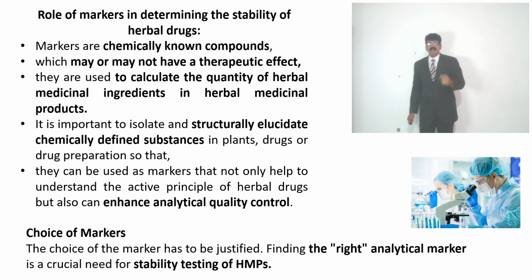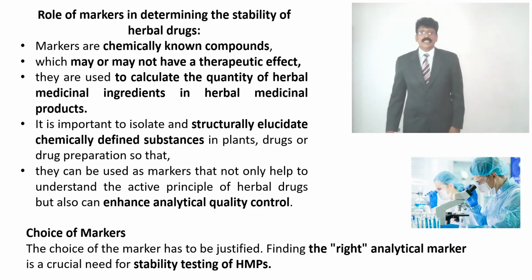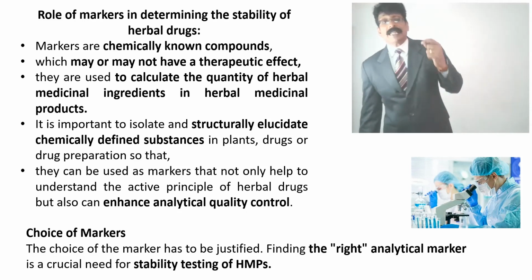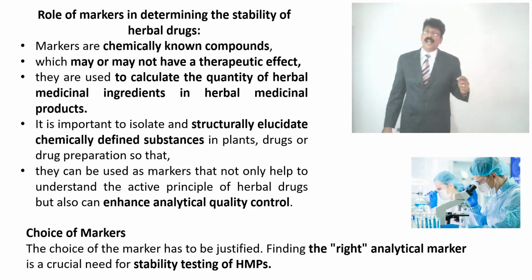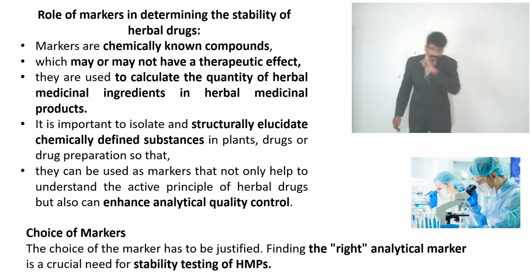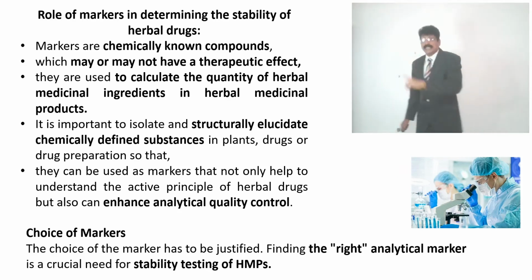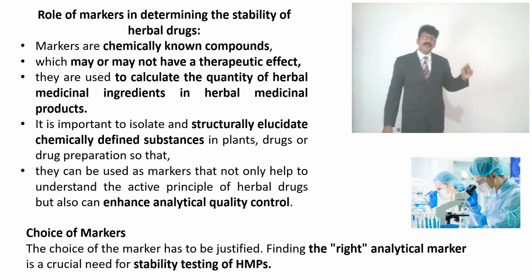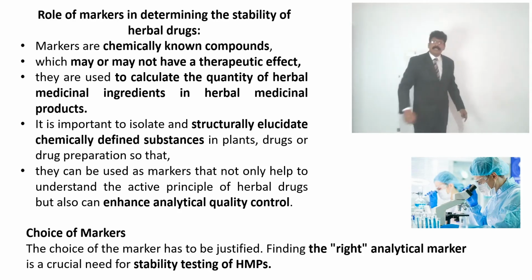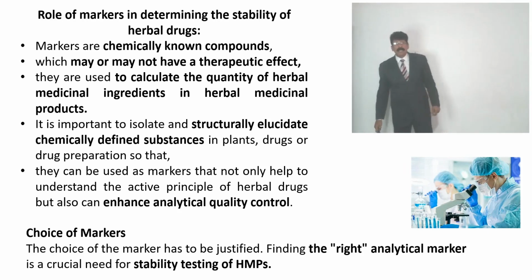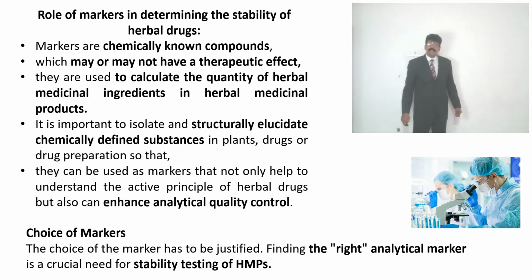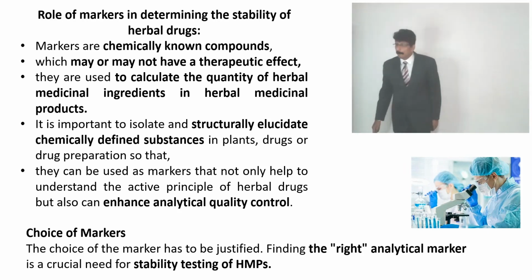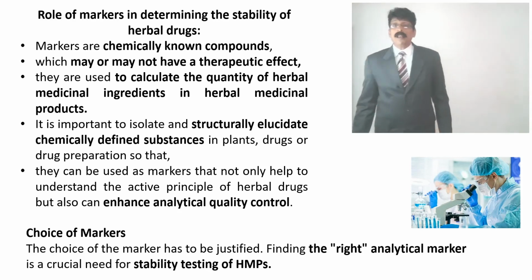Choice of markers. The choice of markers has to be justified. Finding the right analytical marker is a crucial need for stability testing of herbal medicinal products, HMP, herbal medicinal products.